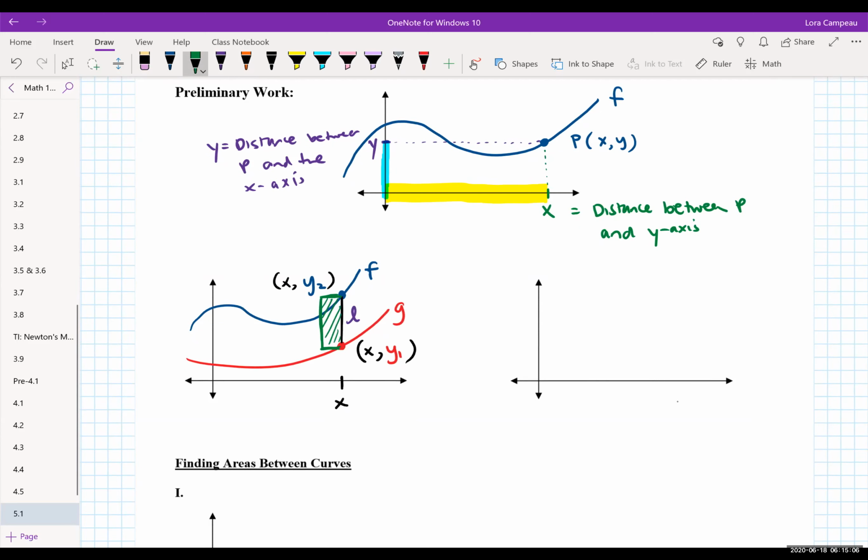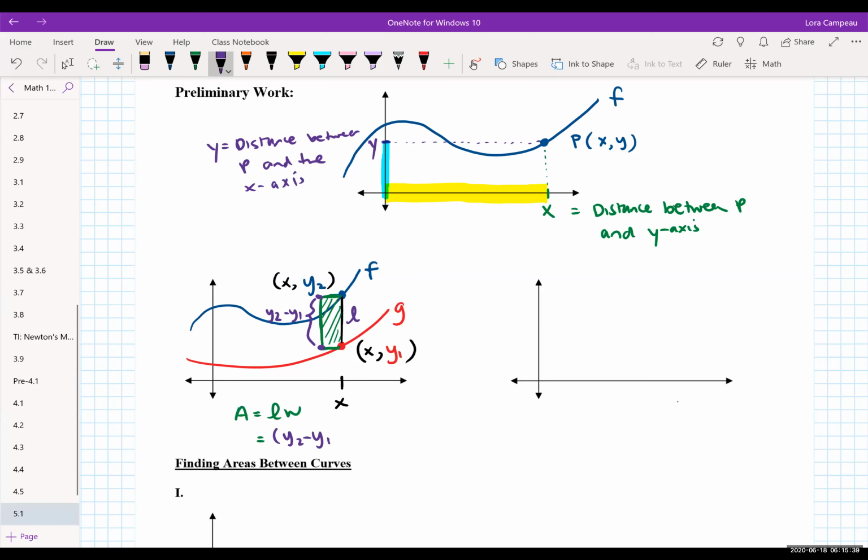You already know rectangle areas are length times width. And if we look at our length, we can speak about it in terms of the differences of the y coordinates. So L, if I can mark this as well, if you want to find the length, that is y2 minus y1.